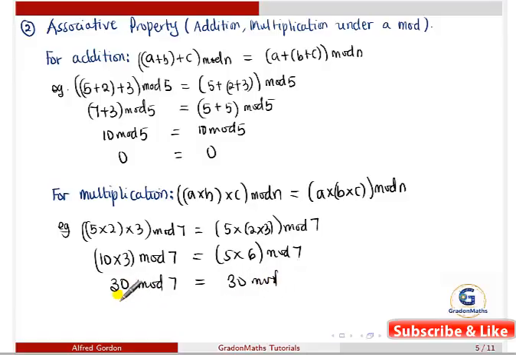But what is 30 mod 7? 30 mod 7 is 2, and 30 mod 7 here is also 2. Therefore, we can see that, yes, multiplication is really associative under a given modulo. Let's proceed with the other properties.